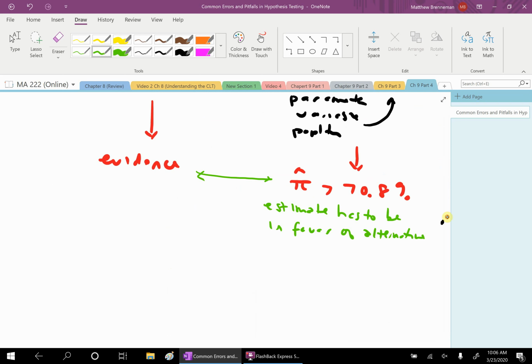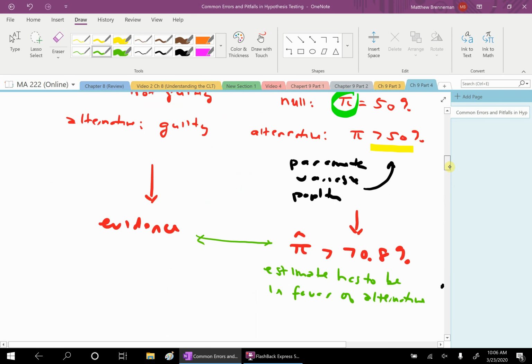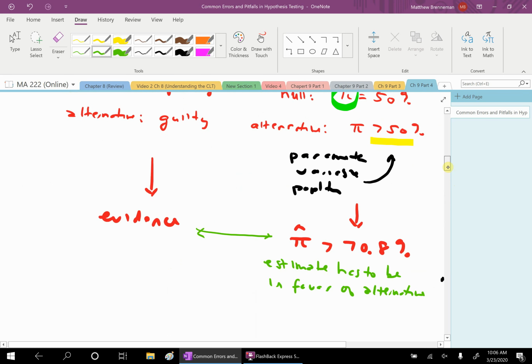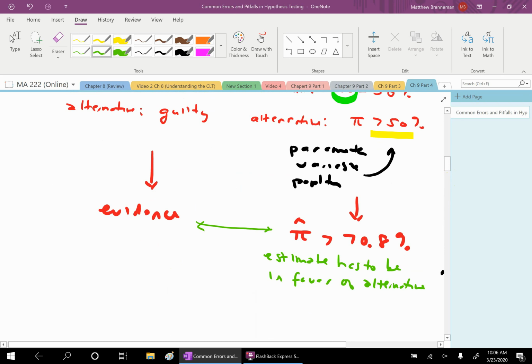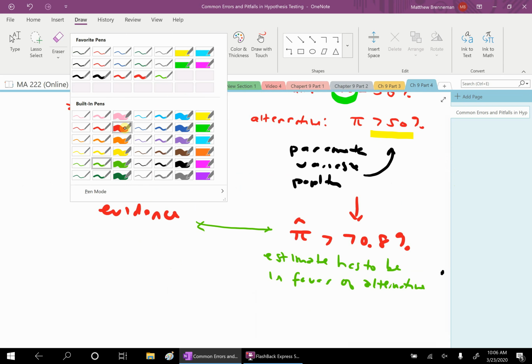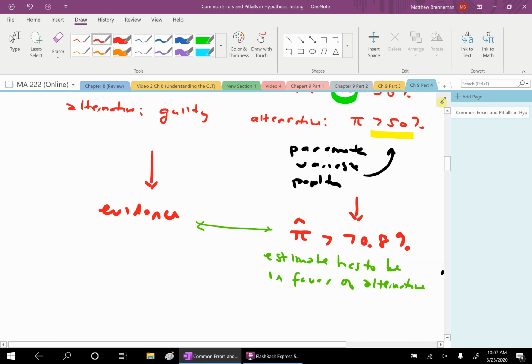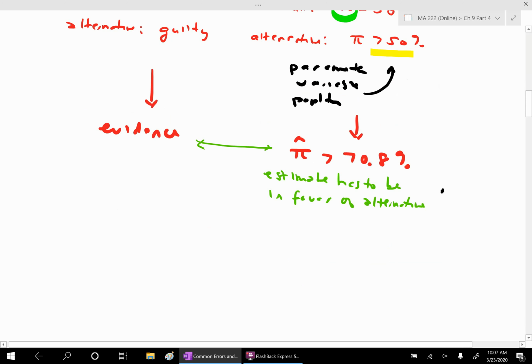Okay? Now, this is where we introduce the central limit theorem. So now what we want to do is weigh the evidence. In a jury, what they're doing is looking at all of the evidence against that person, and they're asking if the person is innocent.